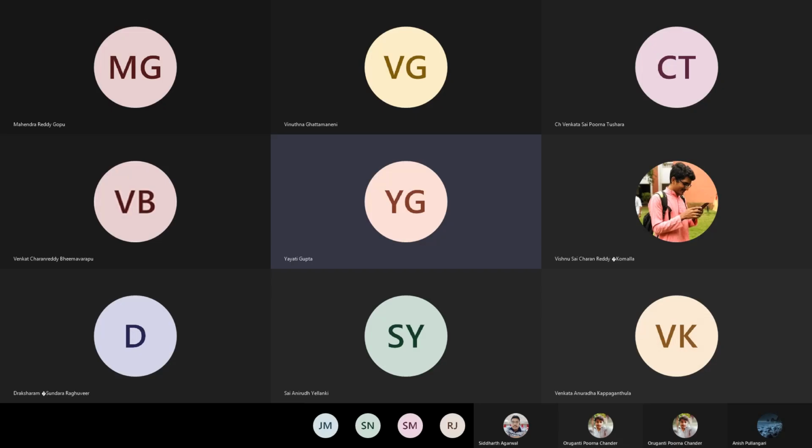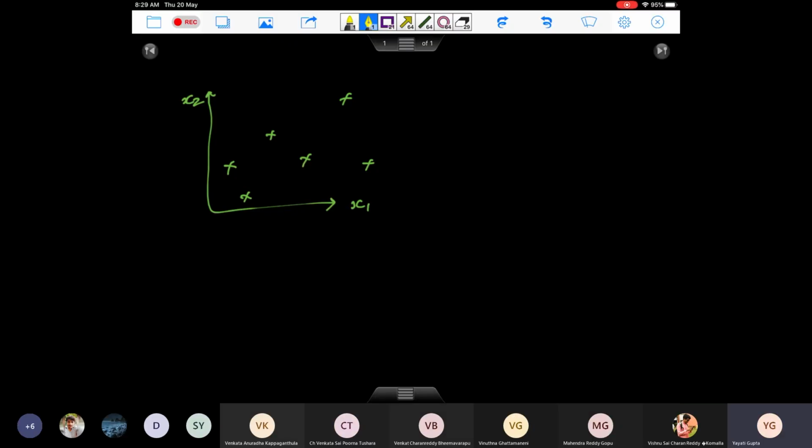Let's say this is your data set given to you. What you will do is try to reduce this data, or convert this data, and ensure that your mean for every feature is 0.